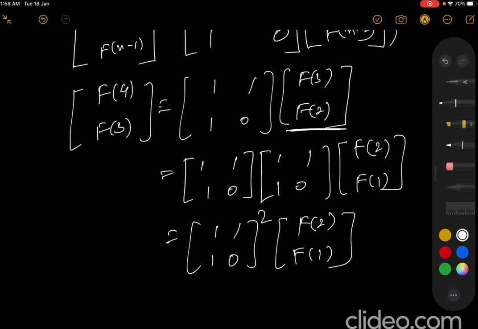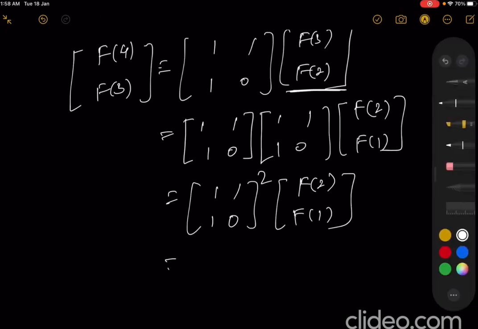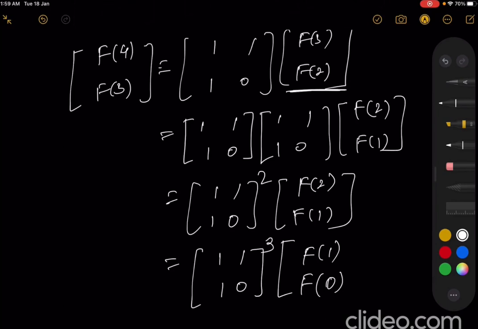Similarly, if you use it over again, you will get 1 1 1 0 to the power 3 times f of 1 and f of 0. So f of 1 is basically 1 only, and f of 0 is also 1 only. When you define a Fibonacci sequence, you define the values for 0 and 1 to be equal to 1 only. So you see that when you started with f of 4 and f of 3, you ended with a constant matrix raised to the power 3, multiplied by f of 1 and f of 0.